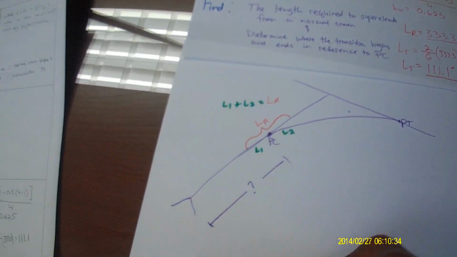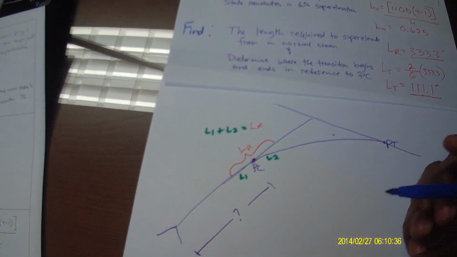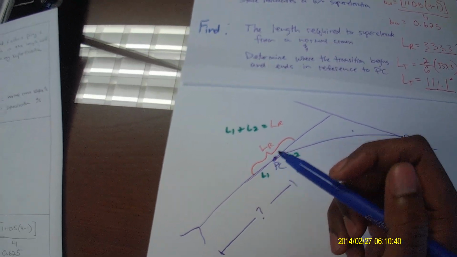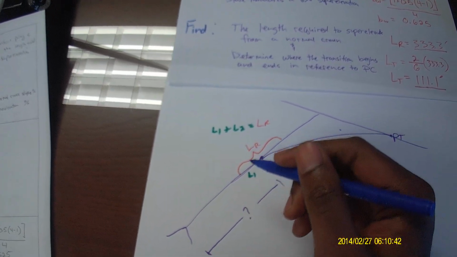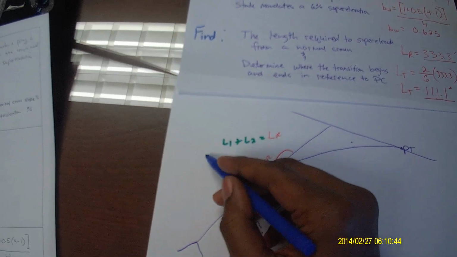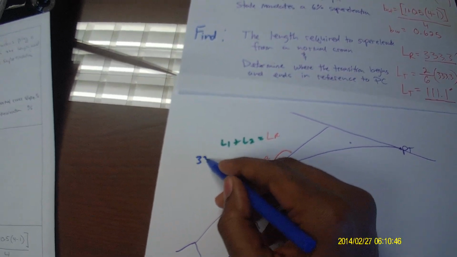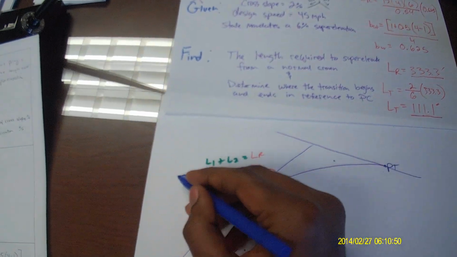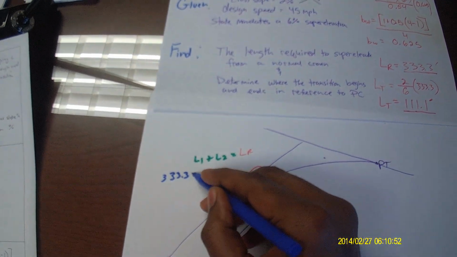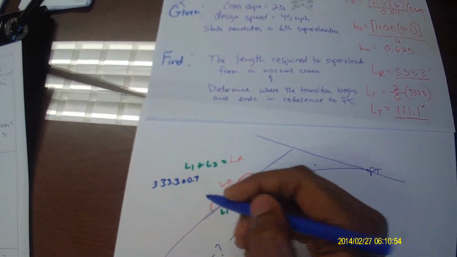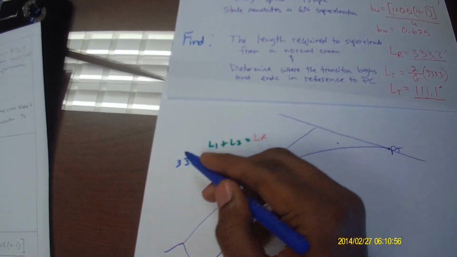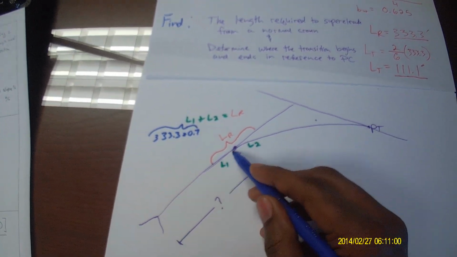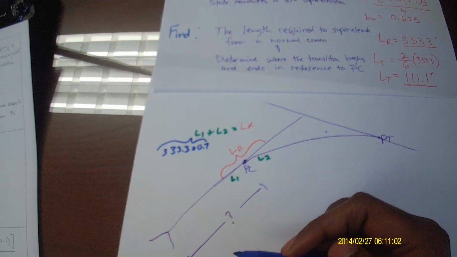And L1, if you remember, I said I was going to use 0.7 here, so L1 is going to be equal to 333.3 feet, which we already figured out, times 0.7, which is what we are going to use when determining the distance before PC.